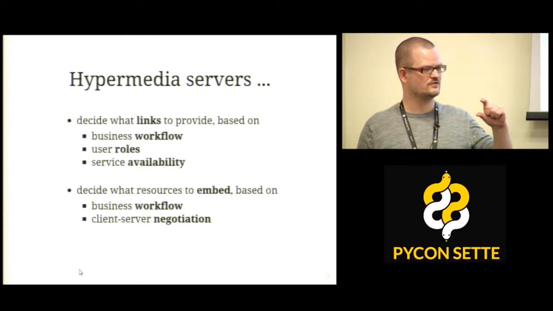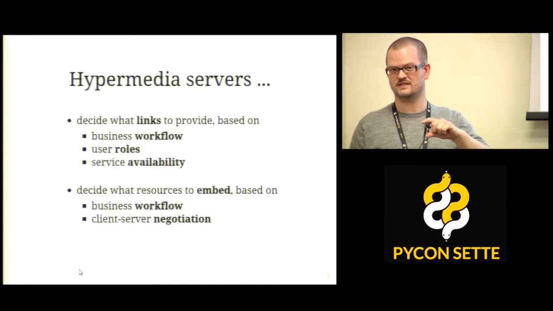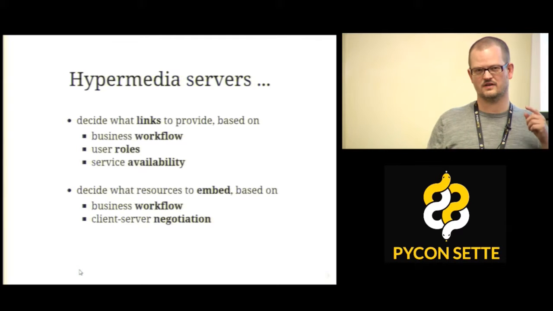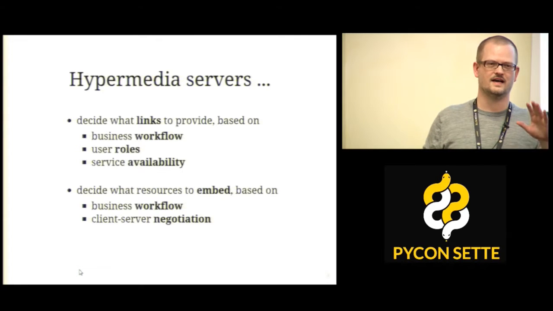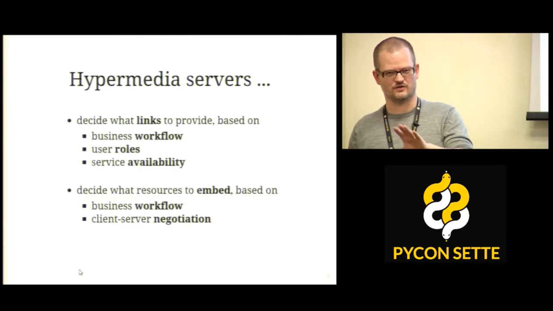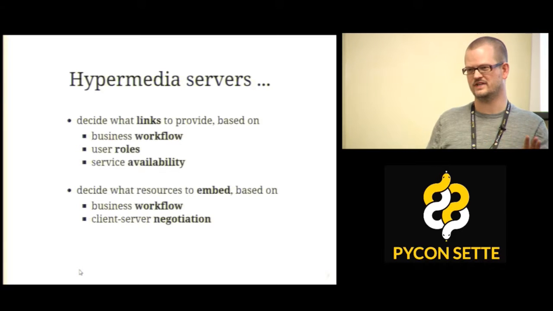And it will decide what resource to embed, again based on business logic, based on what it guesses the client will do with the information, and based on client-server negotiation. So there are ways to say as a client, I want to have a ship and I want to have the company embedded, or I'm not interested in a company, just give me the plain ship, I don't need the embedding.